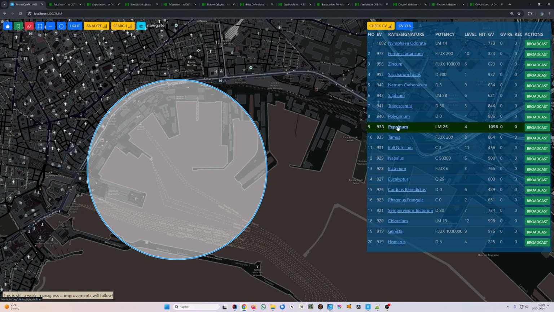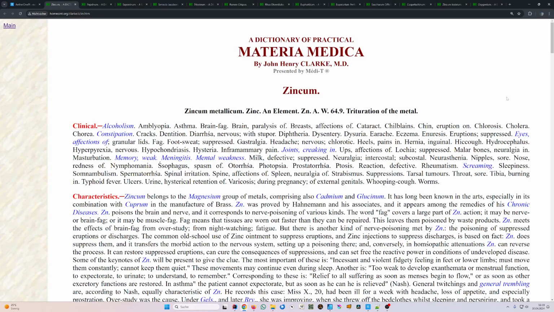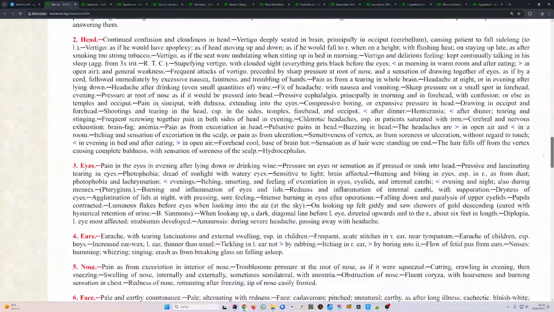And when I see this, the first thing is I try to see if there are more than just one remedy that is good for digestion. And I know from experience zinc has relation to that. Let's take a look. Maybe to the stomach.